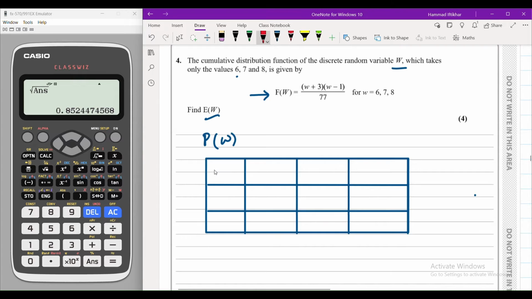So let's plug in the table. W is equal to 6, 7, 8. F(W), let's calculate the values. 6 plus 3, 9, times 6 minus 1, 5, divided by 77.